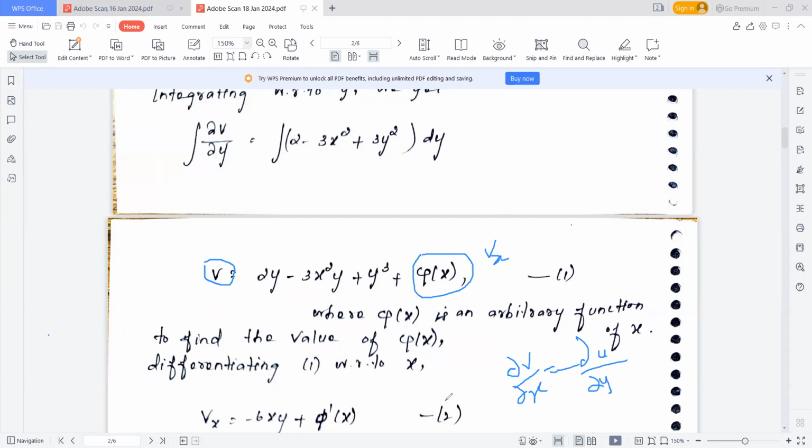From the given function u, we can find the value of dou u by dou y. When we substitute the value of dou u by dou y, we get the value of dou v by dou x. So we compare dou v by dou x obtained from the CR equation and from the function v.